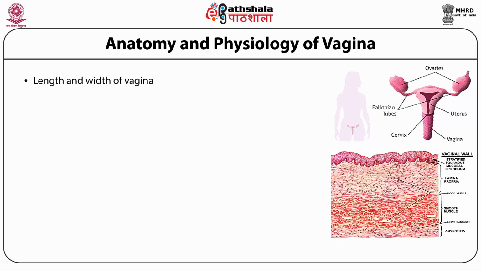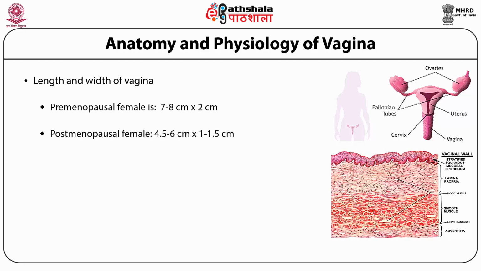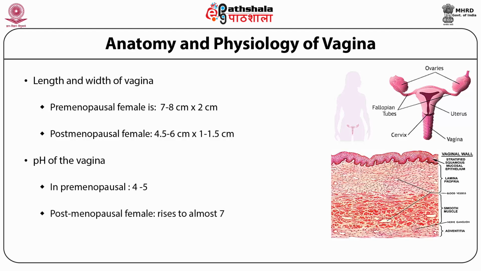The length and the width of the vagina is different in premenopausal as well as postmenopausal females. In the former, it is 7 to 8 centimeters by 2 centimeters, whereas in the postmenopausal female, it shrinks a little bit. The pH of the vagina usually ranges between 4 to 5 in premenopausal women, whereas it rises to almost 7 in the postmenopausal female.